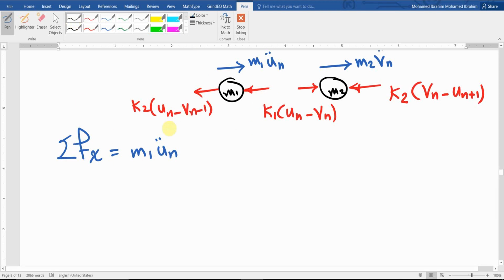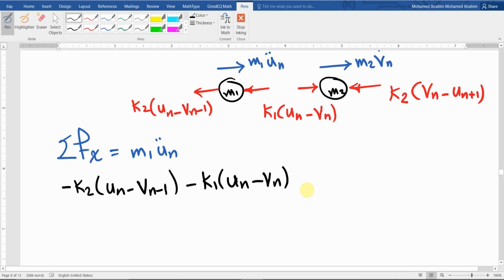This term will be negative K2 times Un negative Vn negative 1, and this term will be negative K1 times Un negative Vn, and this should equal M1 Un double dot. Apply the same for the second mass, where the sum of forces along x equals M2 Vn double dot.